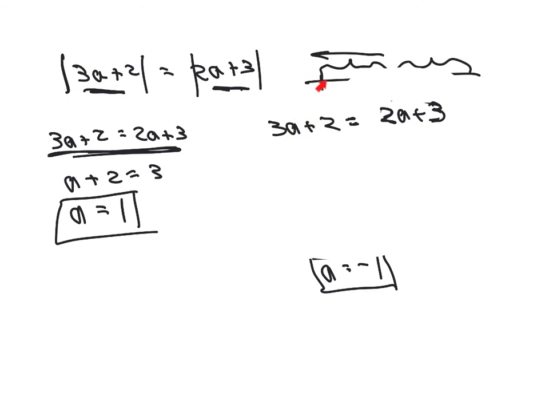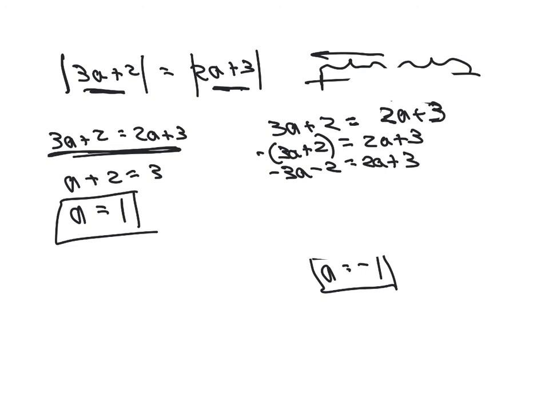This could also be in the negative direction, and this is in the positive direction. So I could have done the problem with the negative in front of the first one and no negative there. That's negative 3a minus 2.